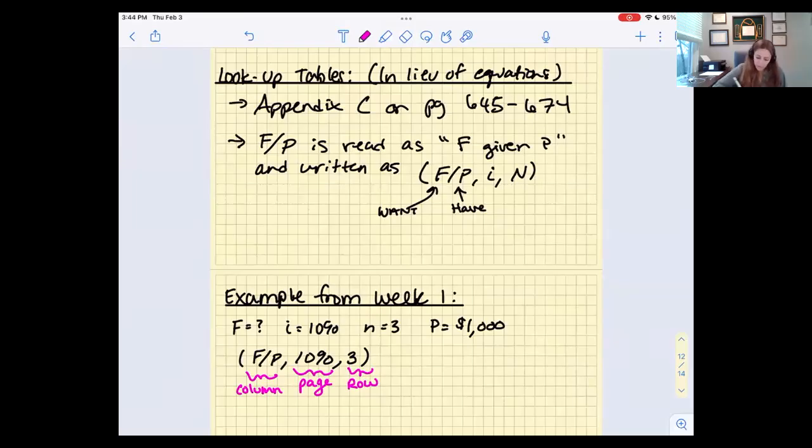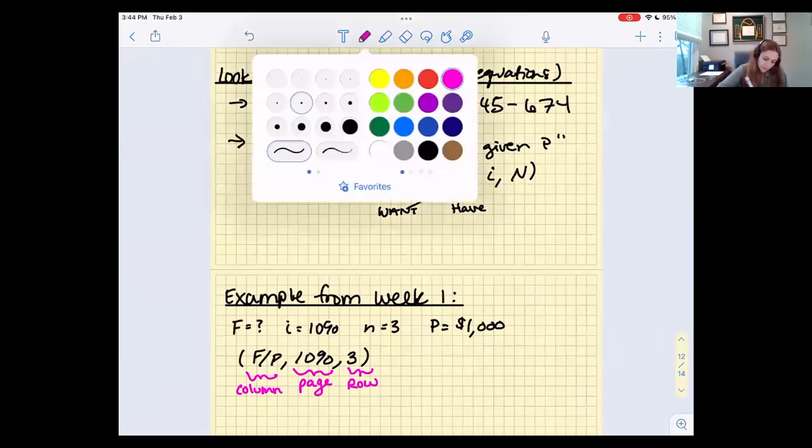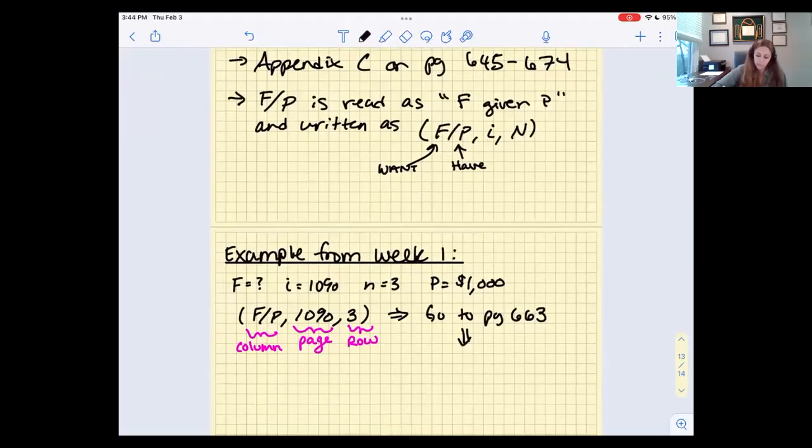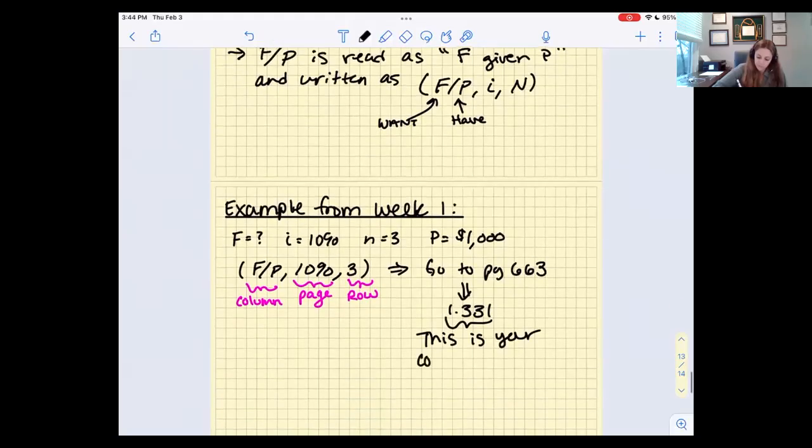Okay, so like I said, we ended up on page 663 in the book, which brought us to a number of 1.331. And this represents your compound interest factor.